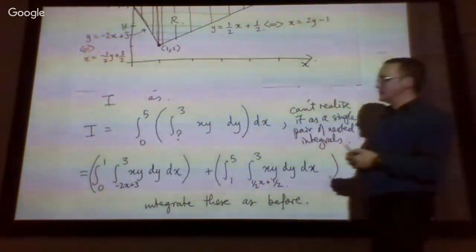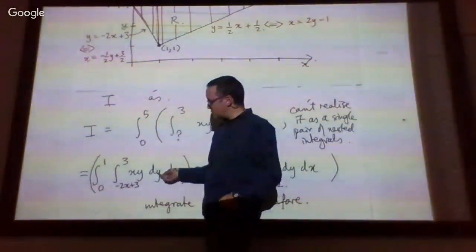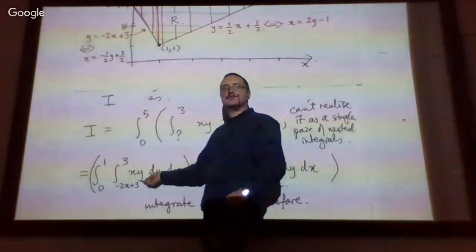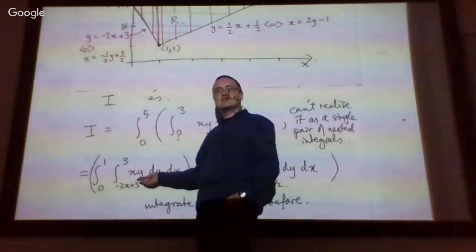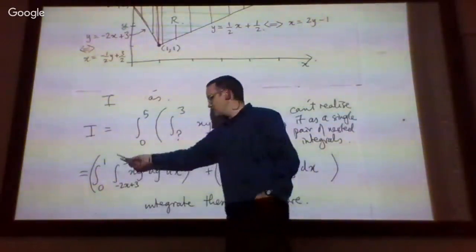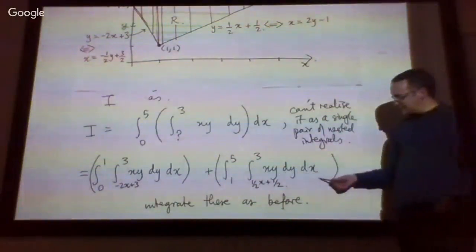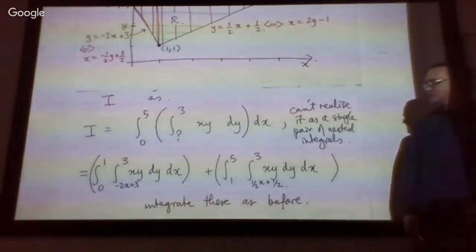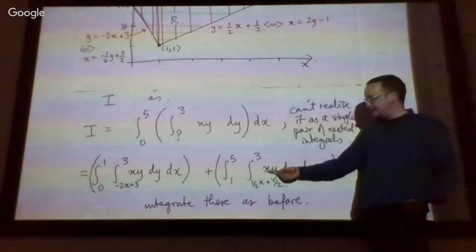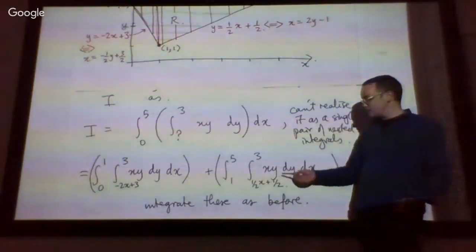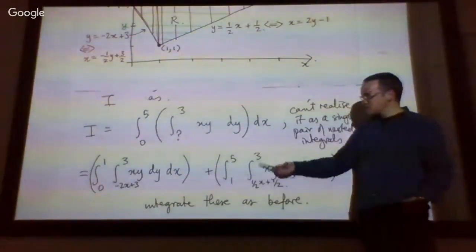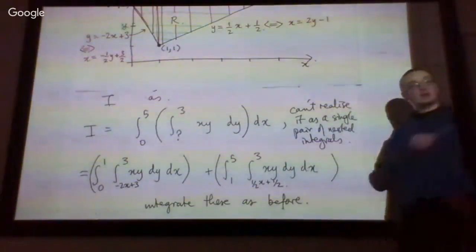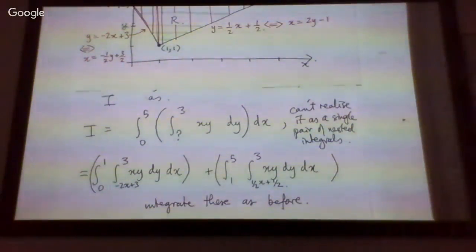Now integrate this inner integral with respect to y, so you get xy squared over 2. And after substitution, it becomes a polynomial in x, which you integrate from 0 to 1. And in the second repeated integral, the inner integral again integrates to xy squared over 2. So you're integrating with respect to y. You perform these substitutions for the y variable. It then becomes a polynomial in x, which you integrate from 1 to 5.